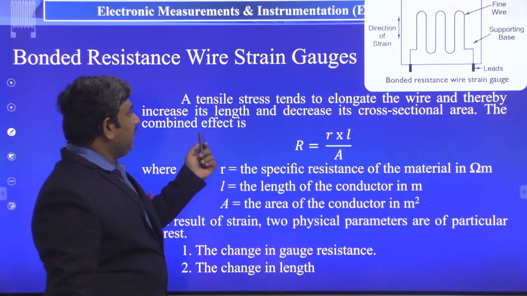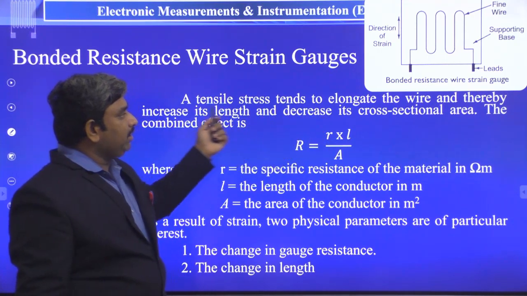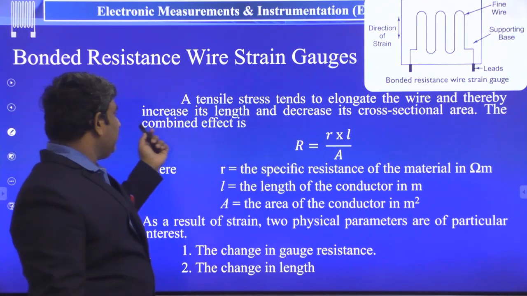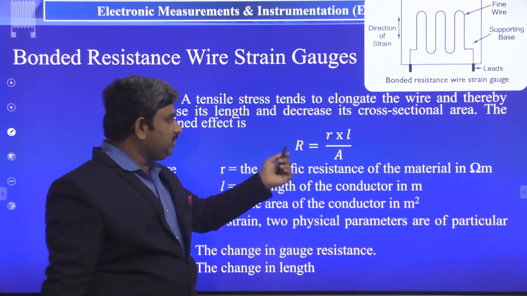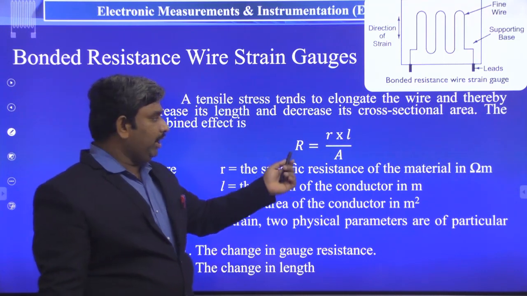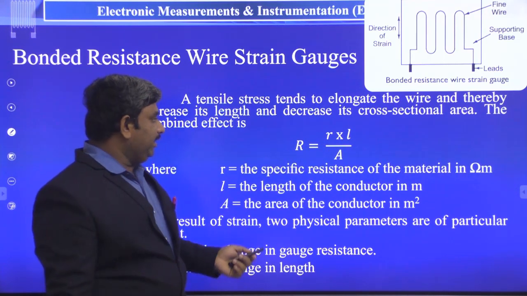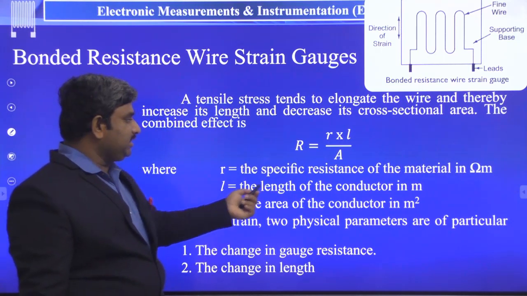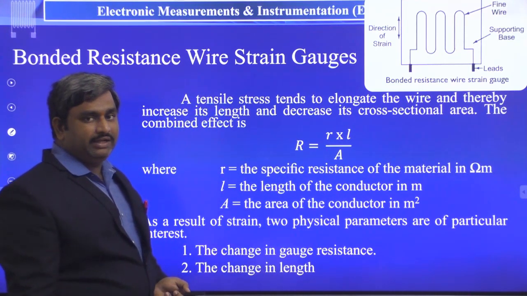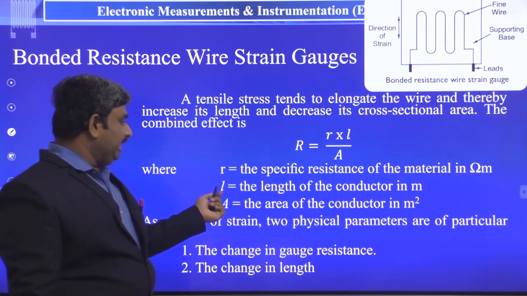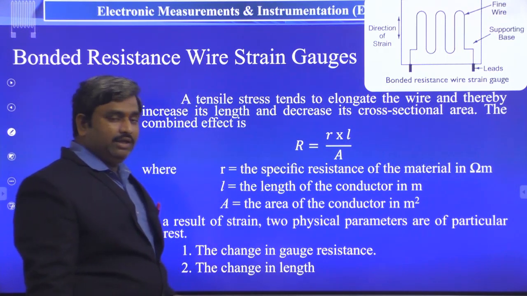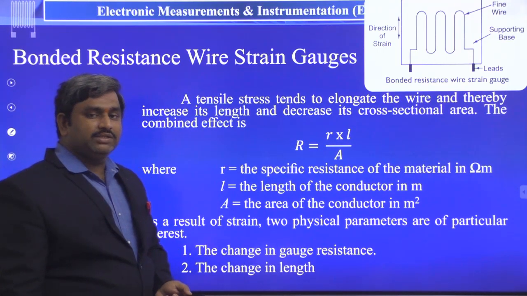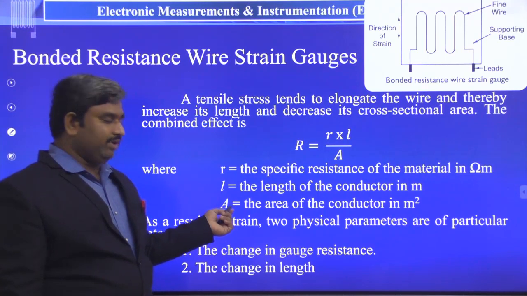A tensile stress tends to elongate the wire, thereby increasing its length and decreasing its cross-sectional area. The combined effect is R equals rho L by A, where rho, represented by small r, is the specific resistance of the material in ohm-meters, L is the length of the conductor in meters, and A is the area of the conductor in square meters.